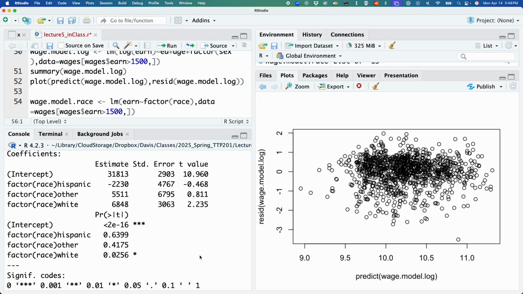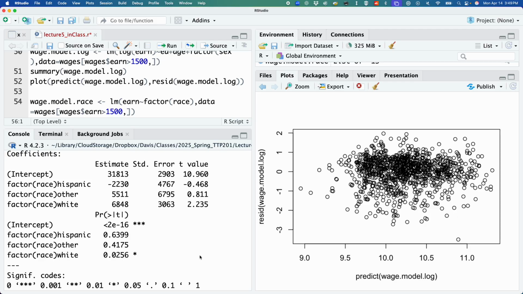Since these two are not, they're saying, yes, we may observe higher or lower on average compared to our baseline race, but these just as well could be 0 some amount of the time, and therefore Hispanic and other are not likely to be making different amounts of money from someone who is black.